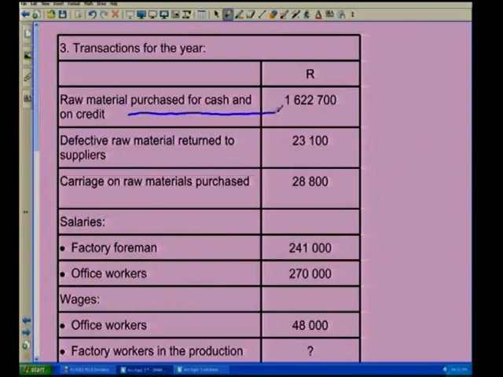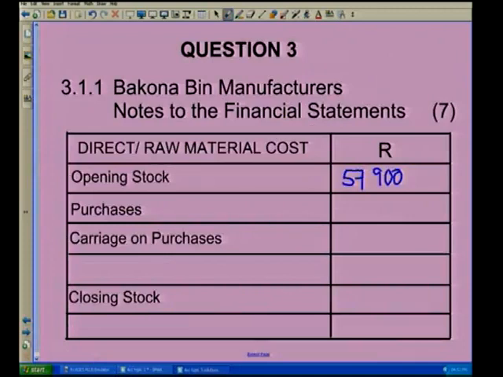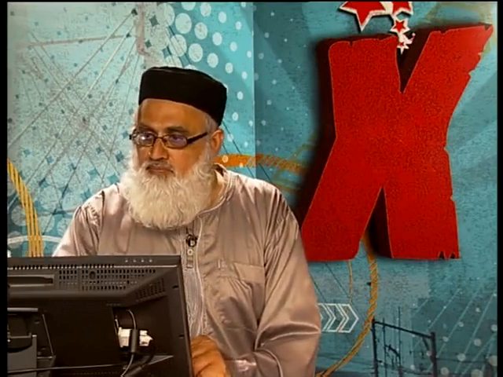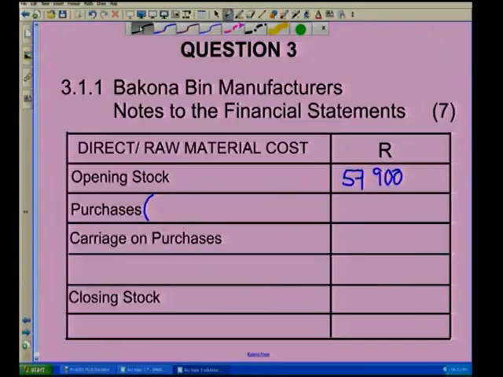Okay, then what do I need? I now need my purchases. And I go back to my question and I see, what information do I have? There it is. Raw materials purchased for cash and credit, 1,622,700.